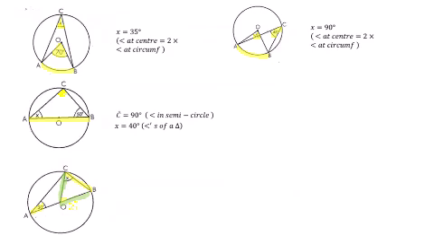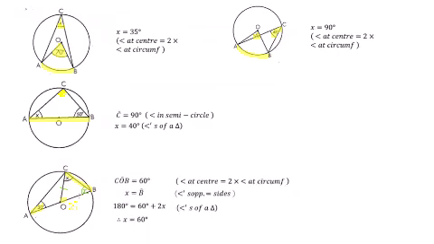Therefore we can say that the lines OB and OC are equal, making this angle equal to x as well. So if this angle is also equal to x, then we are going to say the angle sum of a triangle is equal to 180. So we're going to say 180 is equal to 60 plus 2x, and then we are going to solve for x, which will give us x is equal to 60 degrees.